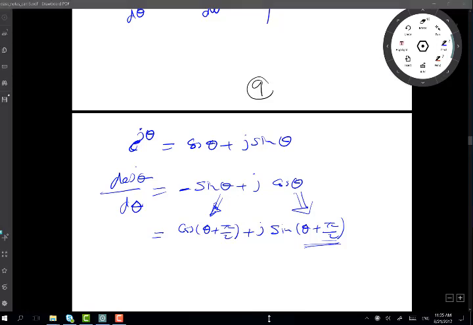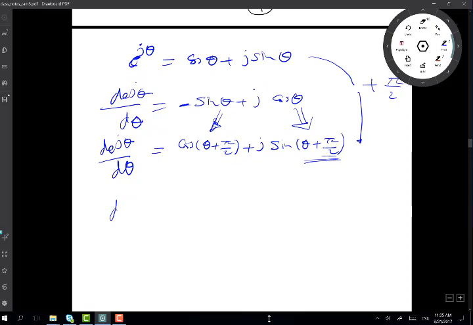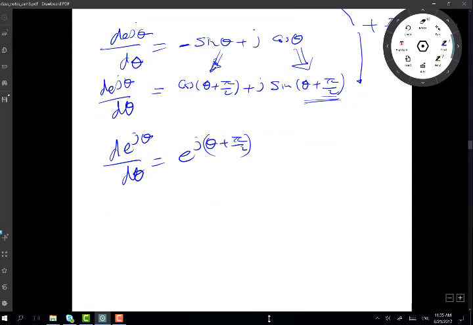So they are equal. So when I differentiate d e^(j theta)/d theta, it is this one plus pi over 2, and that's how we write it: d e^(j theta)/d theta is equal to e^(j(theta plus pi over 2)). This is the concept of this derivative.